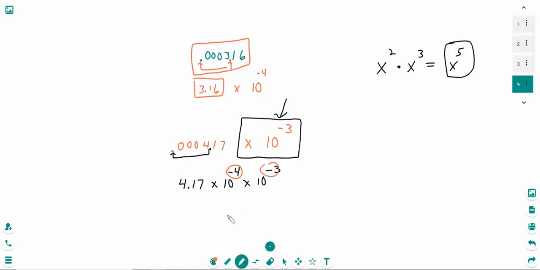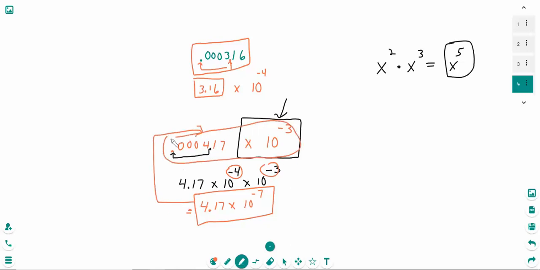So this is going to equal 4.17 times 10, but now we add the exponents. -4 and -3 is -7. So this is the proper scientific notation for this number. Does that make sense?